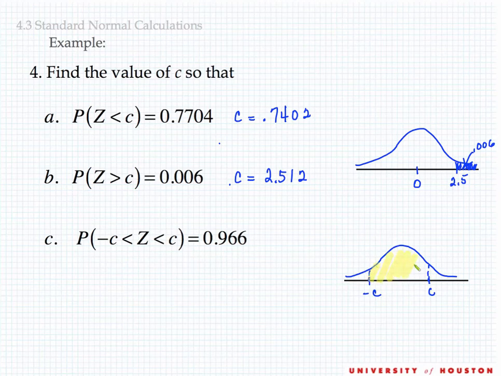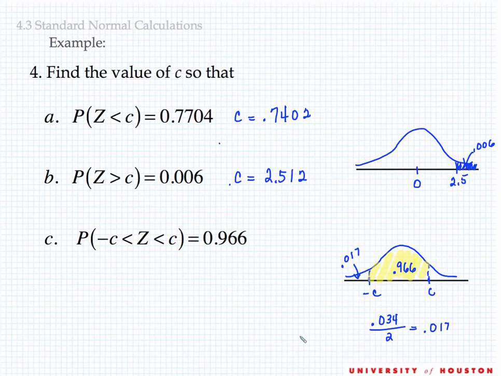So this area right in here is 0.966. If I subtract 0.966 from 1, I have 0.034. So each tail is 0.034. If I divide that by 2, I have 0.017. And that's what each tail is.